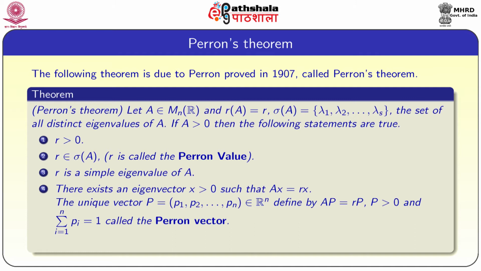The unique vector p equal to (p1, p2, and so on pn) belonging to R^n defined by Ap equal to rp, p greater than 0, and satisfying the summation of pi for i equal to 1 to n equal to 1, that is, this p is a unit vector in this sense, is called a Perron vector. So it is not only a unit vector, it is a positive vector, called a Perron vector for the matrix A. So this happens for every positive matrix. r is the only eigenvalue on the spectral circle of A.